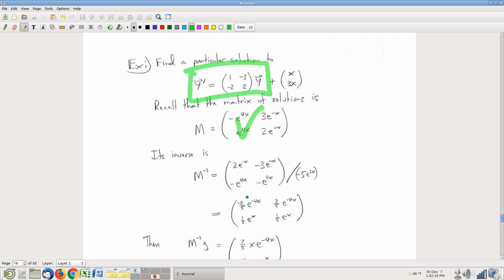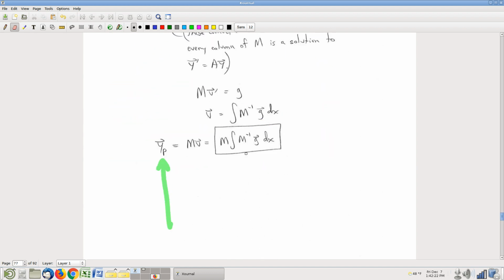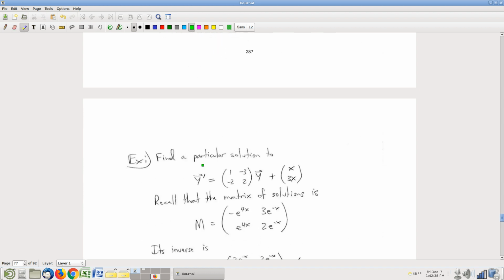You've got to invert that matrix, right? And then et cetera, et cetera. Specifically, notice that after you've inverted it, the next thing you've got to do is multiply by the g vector, and then you've got to take an antiderivative of that vector. And then, having done that, you've got to multiply back by the M matrix. So there's a lot of steps involved.